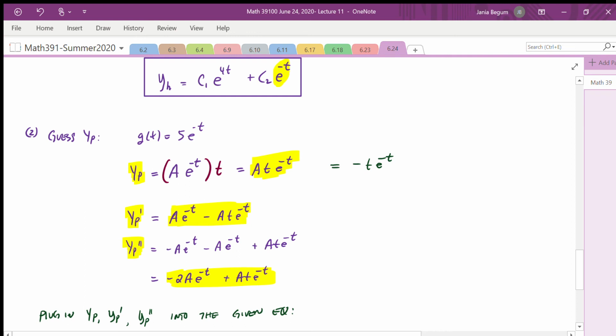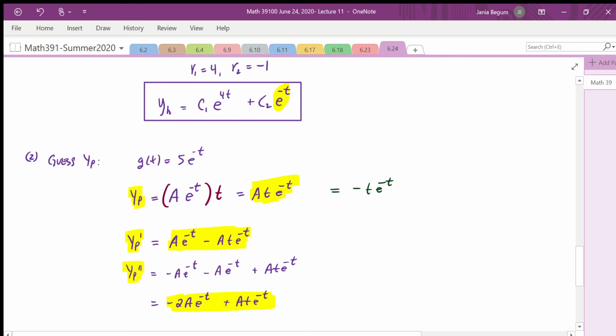Well, now you look back: does this function appear in your homogeneous solution? And we said yes, because we have c2 e to the negative t. That's exactly the same function that we just guessed for yp. Now, to make them independent, we multiply by a function of t. So we have a t e to the negative t. Now check this out. If you had, say, c3 t e to the negative t, so suppose you had that term there, and you guess your particular solution is still a e to the negative t.